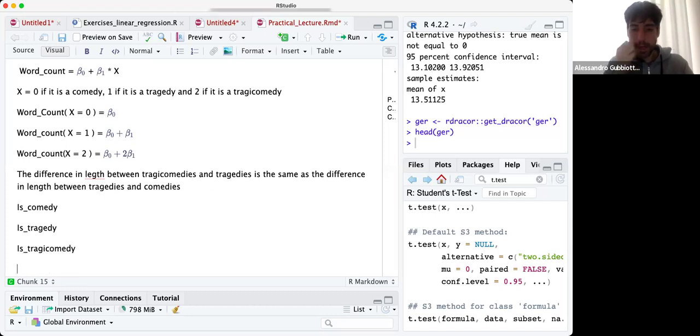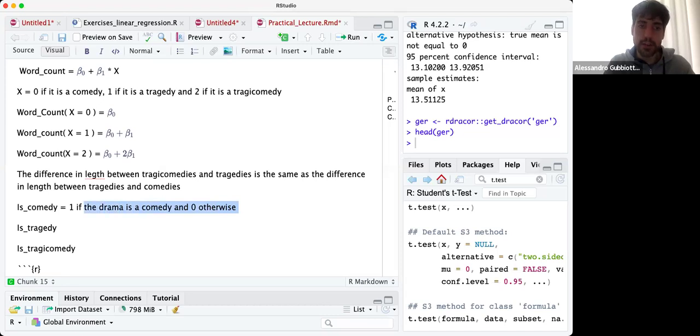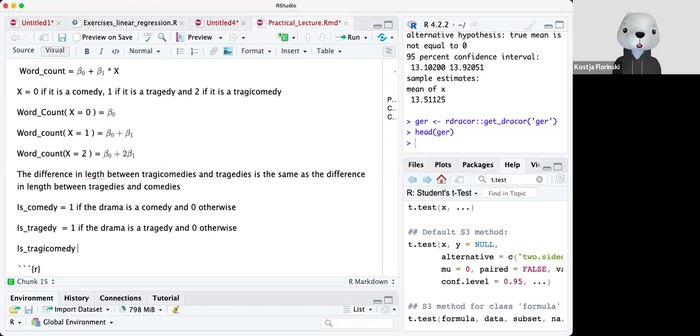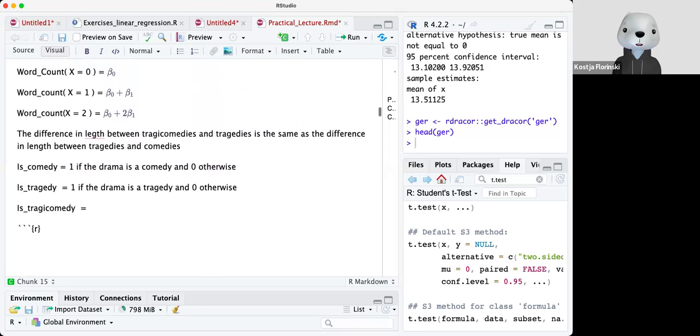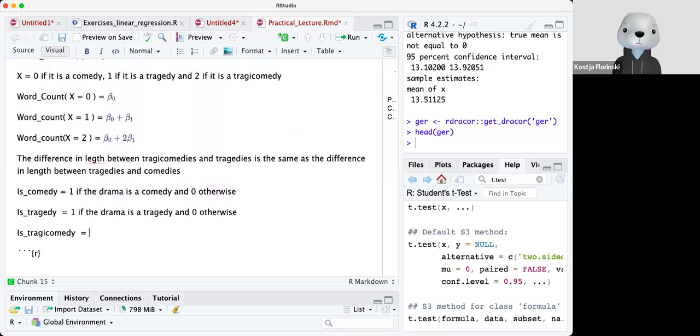We can do it simply: these variables are 1 if the drama is a comedy, and 0 otherwise. The same goes for is tragedy, equal to 1 if the drama is a tragedy. So we compare one value to all the rest three times, just changing the value we compare.